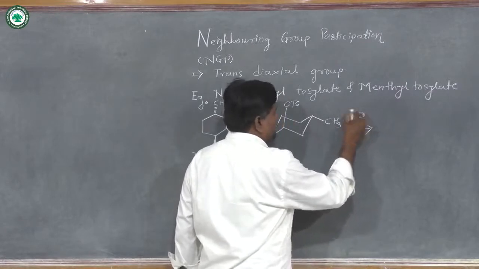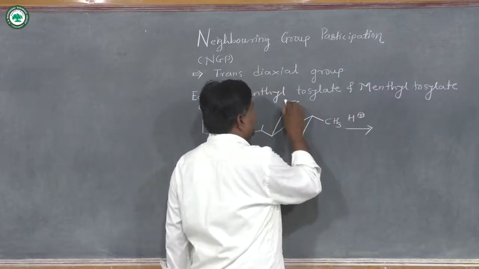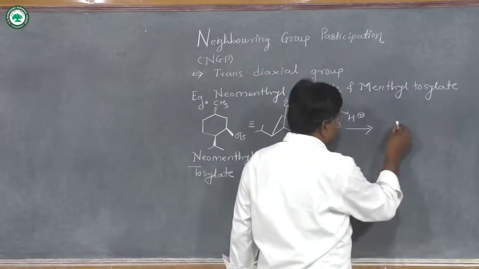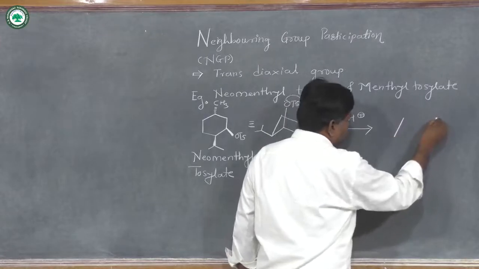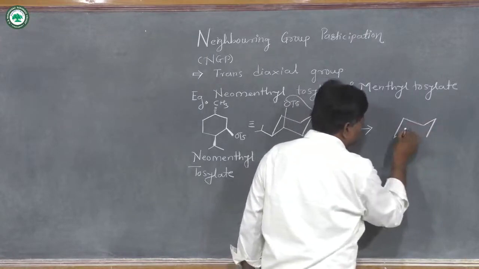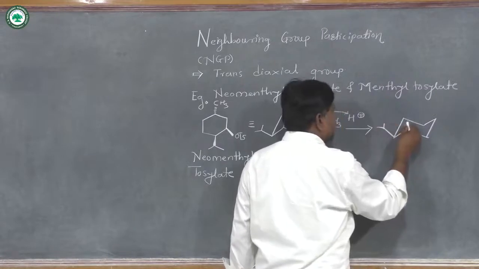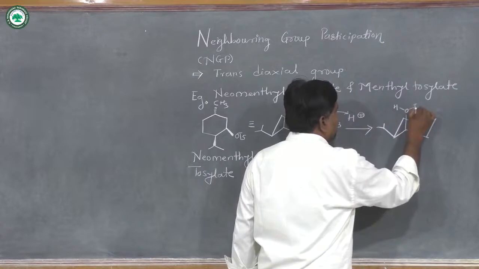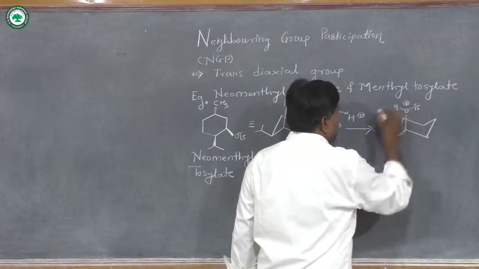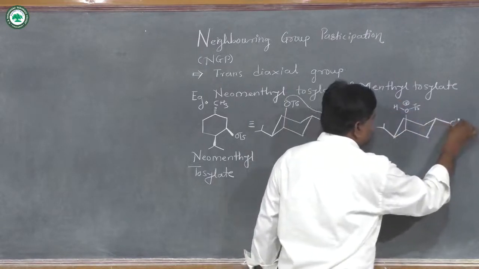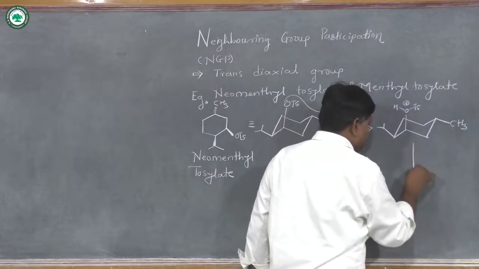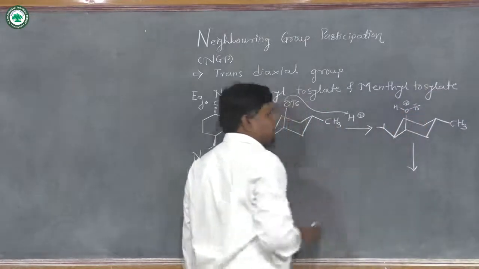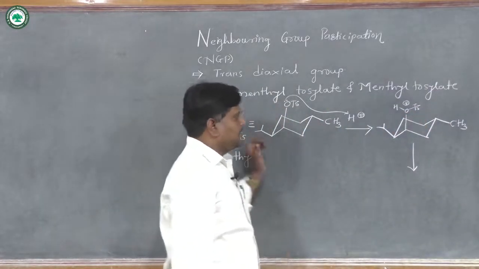So we write H plus, that lone pair of this OTS will abstract this proton, and we get an intermediate like this, having OH and TS. Oxygen carries a positive charge, here we write methyl. Then this is one of the bulkier groups, as we said earlier.